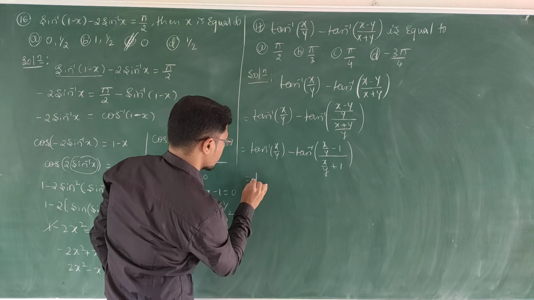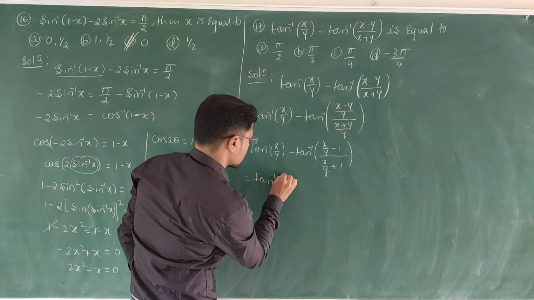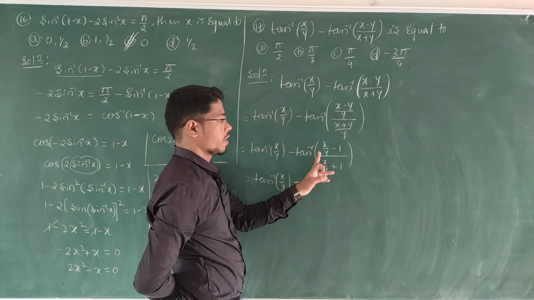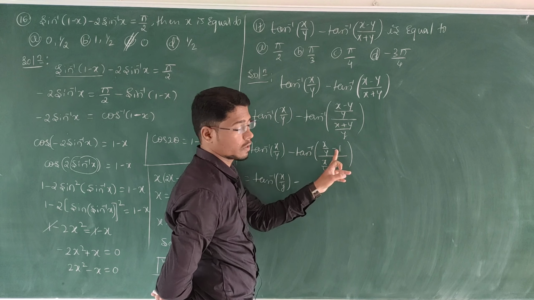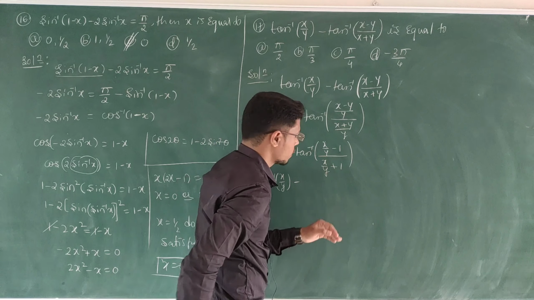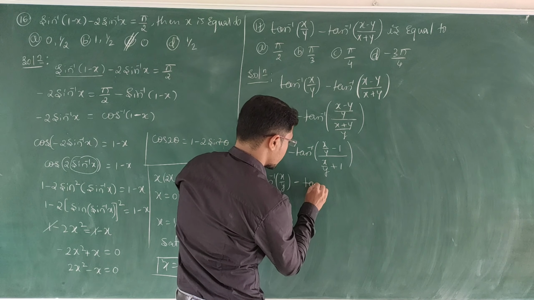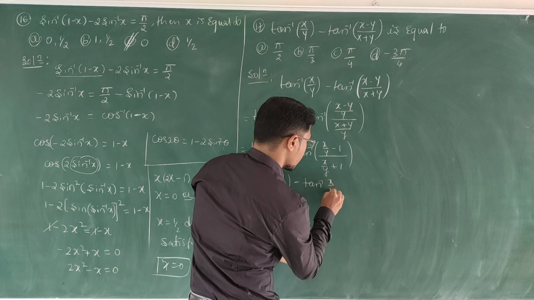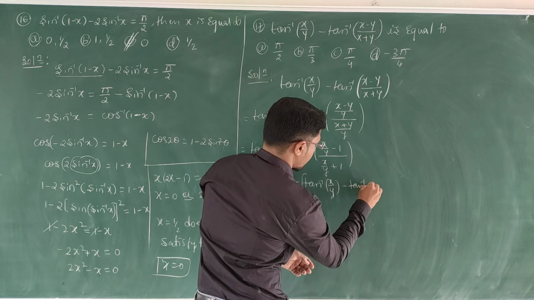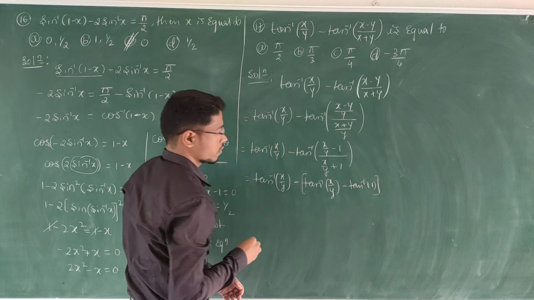This we can write as tan inverse of x by y minus tan inverse of x by y minus 1 divided by 1 plus x by y times 1. So this is tan inverse of x by y minus tan inverse of 1.